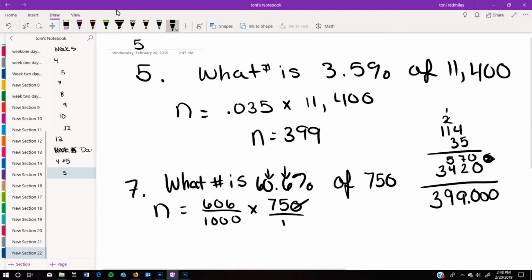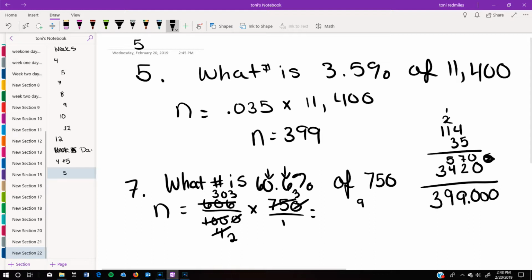Gotta put it over 1, cancel, cancel. 25 can go into 75 3 times, and 25 can go into 100 4 times. Okay, and I could go a little further. 2 can go into 4 2 times. 2 can go into this number 303 times.